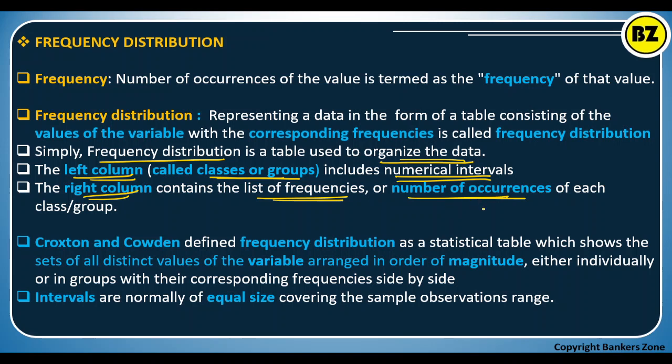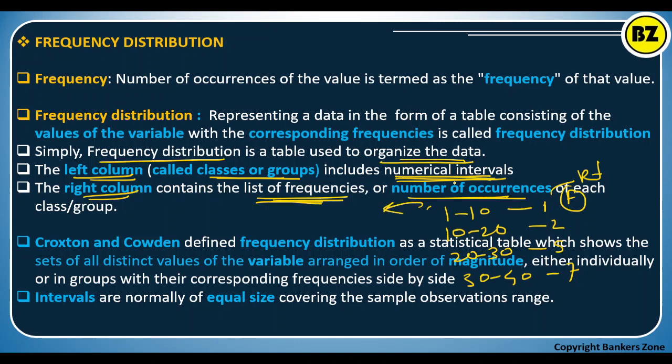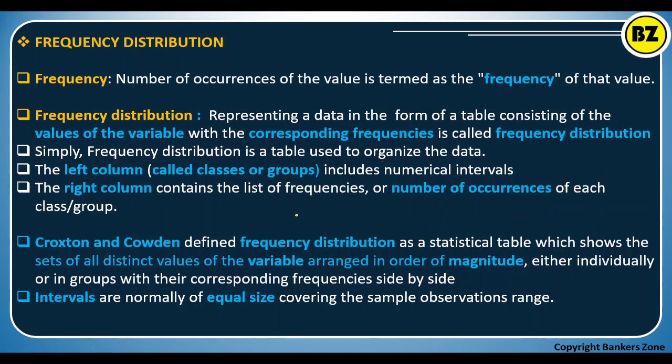For example, if I take the intervals 1 to 10, 10 to 20, 20 to 30, 30 to 40, and corresponding frequencies 1 2 5 7, the right column is the frequency and the left column is the numerical interval. When you learn the numerical part, you will get it better. No need to remember it; when you solve numericals, you will automatically observe it.